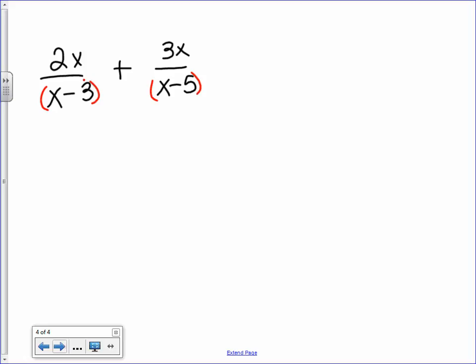Well, this side has an x minus 3. What does it need? It needs an x minus 5. So I'm going to multiply times x minus 5. What does this one need? It needs an x minus 3.